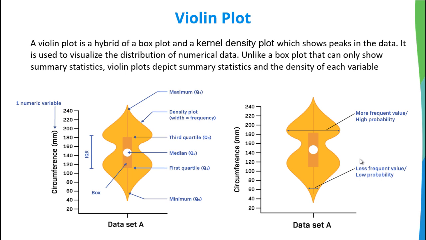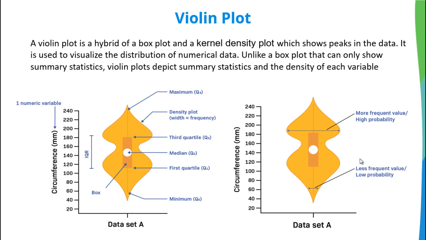A violin plot is a hybrid of a box plot and a kernel density plot, which shows peaks in the data. It is used to visualize the distribution of numerical data, unlike a box plot that can only show summary statistics, like the basic five components of a box plot, which we are seeing on this screen now.